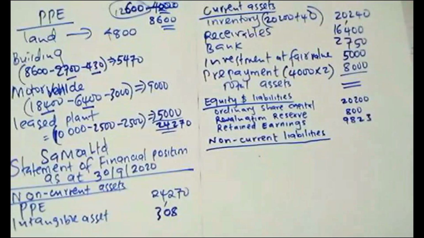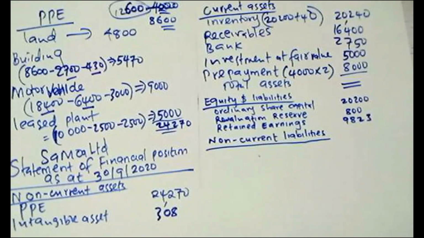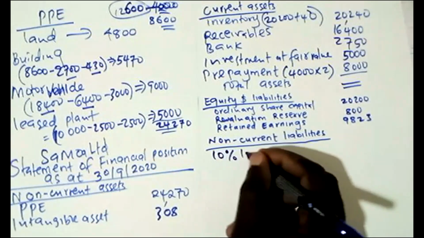Talk about non-current liabilities. For the non-current liabilities, there was that 10% loan stock.